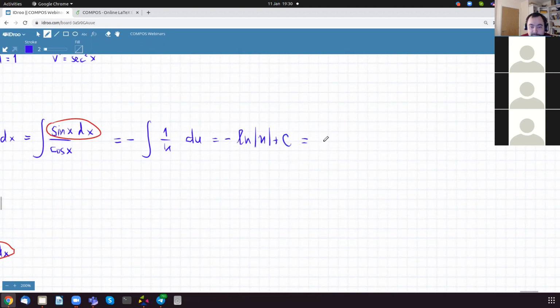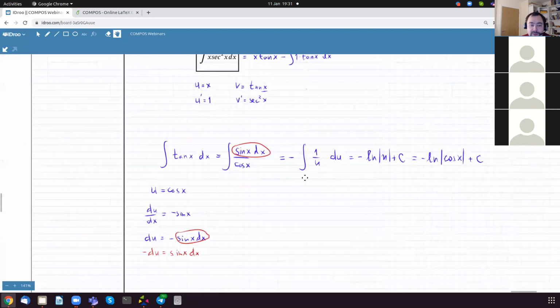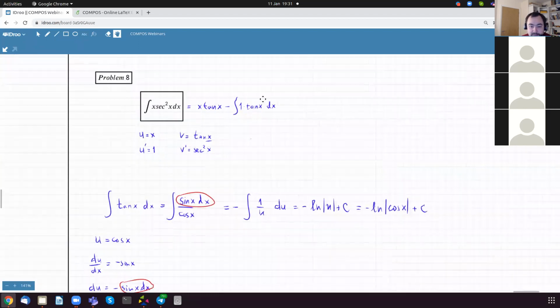Do a reverse substitution. Don't worry if you haven't done logarithms yet. You won't come to this. There are no logarithms in the assignment whatsoever, so don't worry about this. Minus logarithm of modulus cos x plus c.